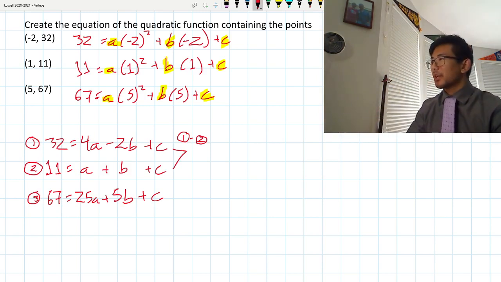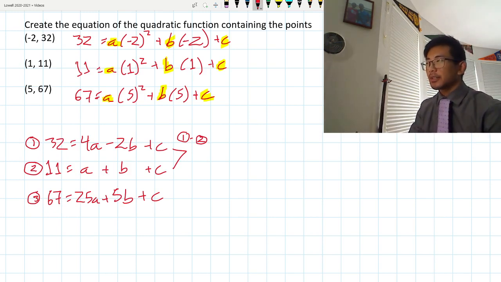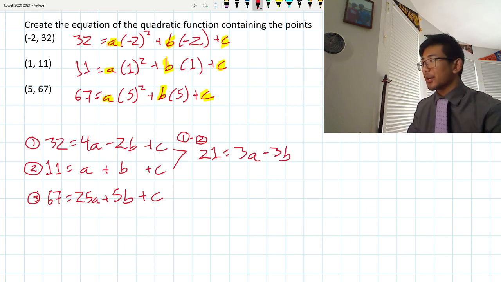So if I subtract equation 1 minus equation 2, 32 minus 11, that'll be 21. 21 equals 4 minus 1a, that'll be 3a, negative 2b minus b, I think that'll be minus 3b here. And then c minus c will be 0, which works out.